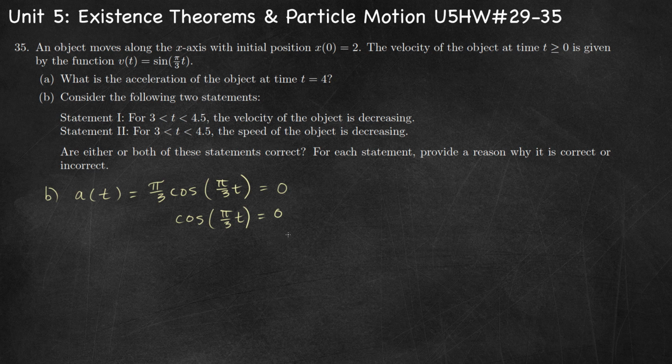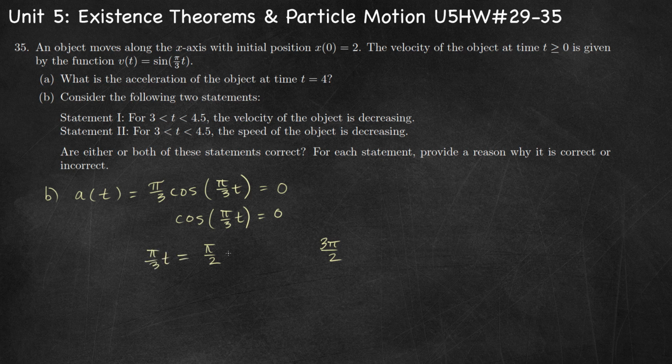And cosine is 0 at pi over 2. Remember, we're working on the interval t greater than 0. So cosine is 0 at pi over 2, and then also at 3 pi over 2. So the angle that we're taking the cosine of is pi over 3t.